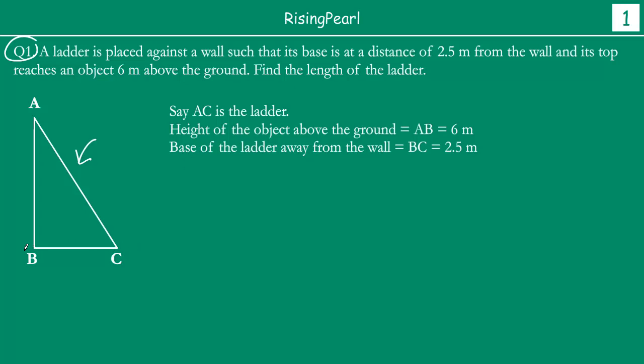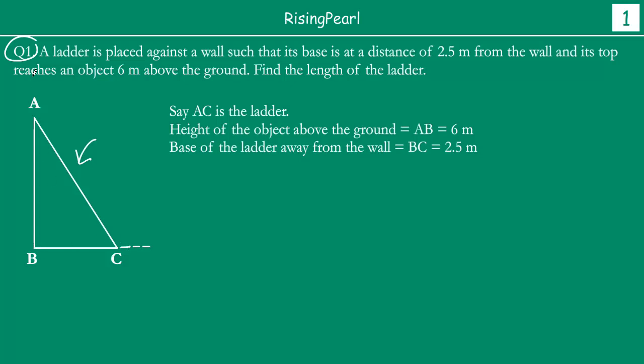If you were to extend this, this is the ground level, AC is the ladder. So BC is the distance, how far away the ladder base is from the wall.